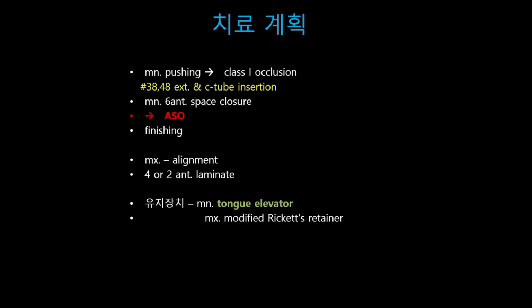If patient doesn't agree to the surgery, at that time, the second option, sometimes best option, is like this. And the retainer in upper area I prefer Hawley design. And in lower, I usually prefer tongue elevator design.